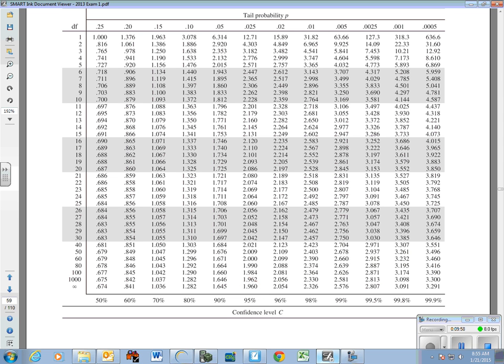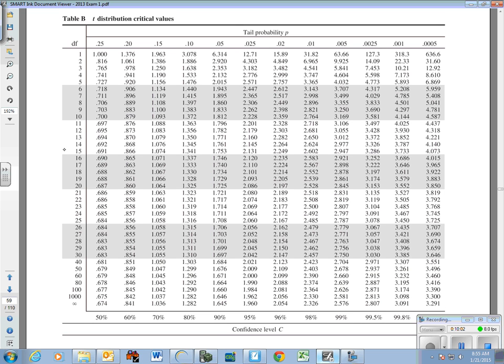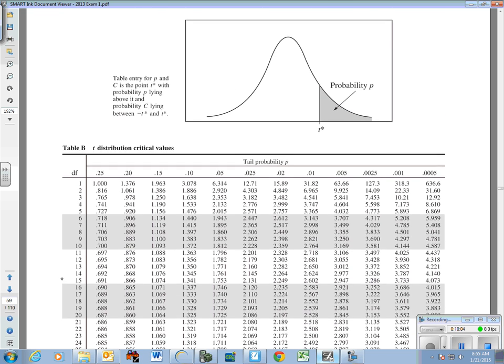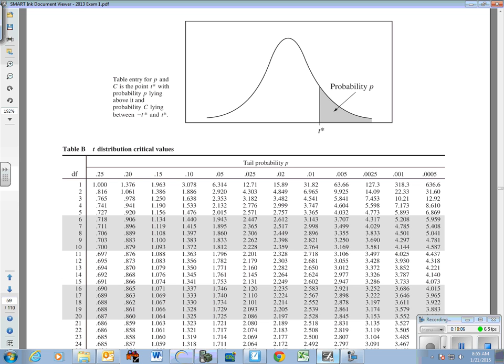All right, so here's how this works. A t curve is sort of like a normal curve, but it's a little bit wider. This is an example of a T distribution. Every sample size has its own unique T distribution. They're basically normal curve-ish, and they get a little bit more spread out the smaller the sample size.